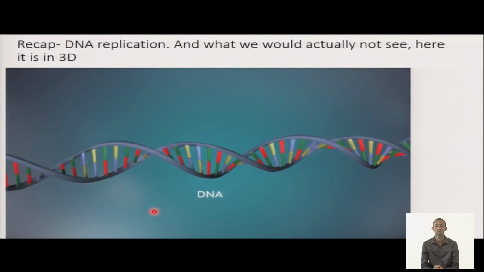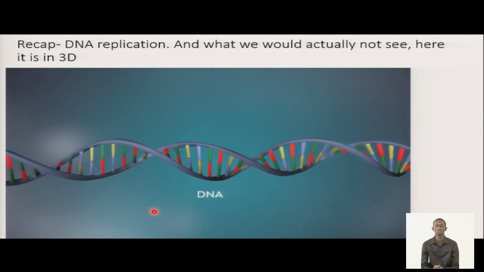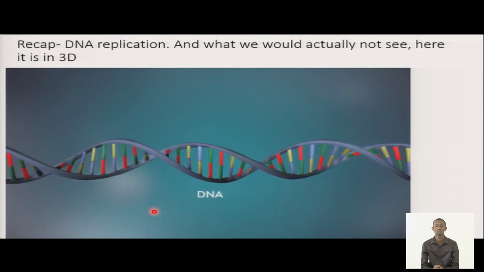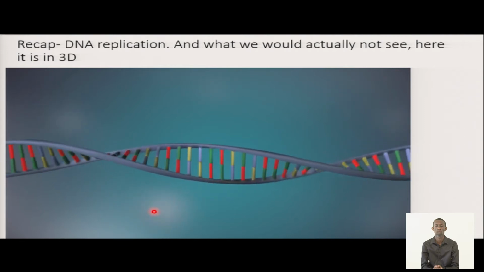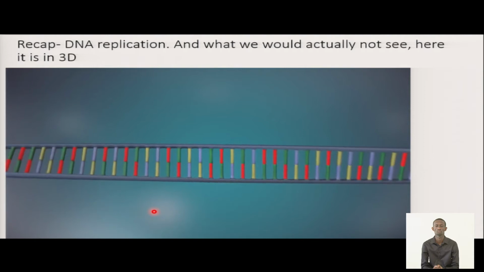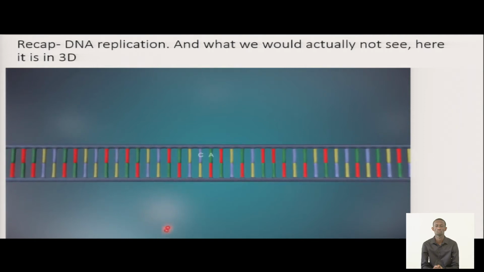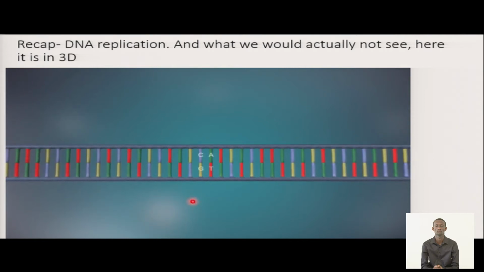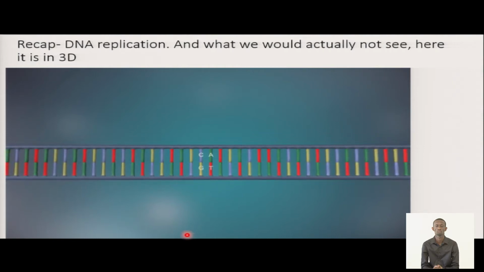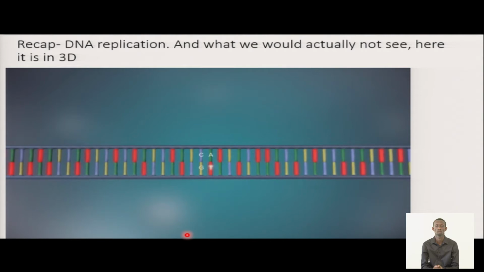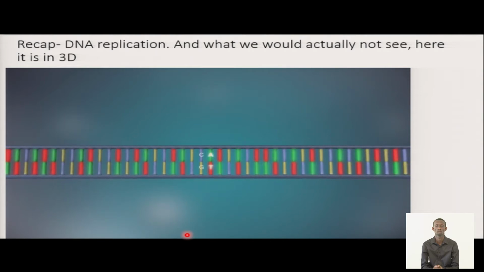DNA is a molecule made up of 2 strands, twisted around each other in a double helix shape. Each strand is made up of a sequence of 4 chemical bases, represented by the letters A, C, G, and T. The 2 strands are complementary. This means that wherever there's a T in one strand, there will be an A in the opposite strand.